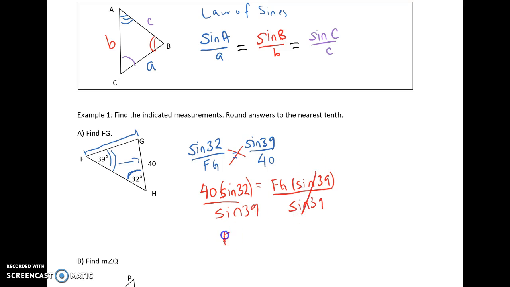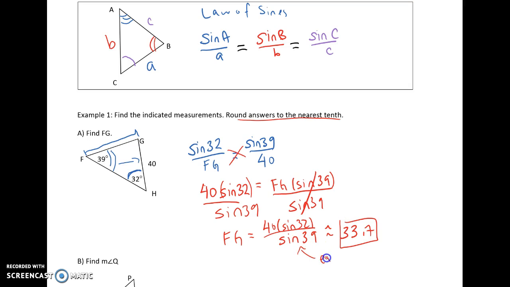And FG will equal 40 times sine 32 divided by sine 39. There's your exact answer, and I want to round to the nearest tenth. So go ahead and throw that into your calculator and see if you get about 33.7. Again, try to do your exact answer first because I want to see what's going into your calculator before you put it in your calculator.